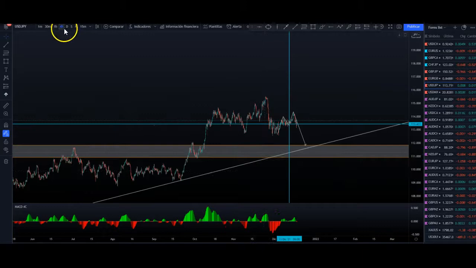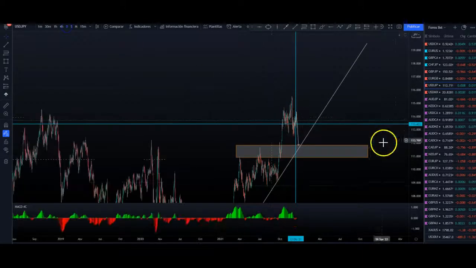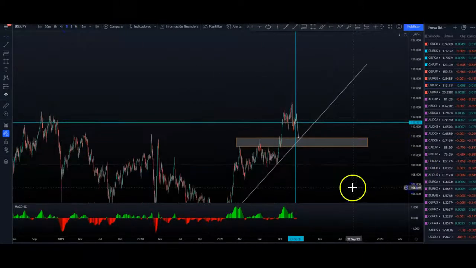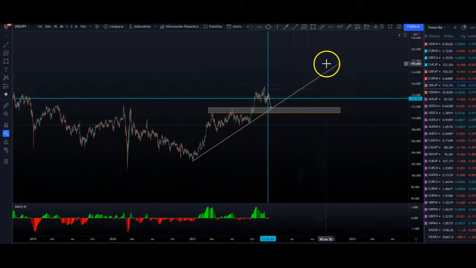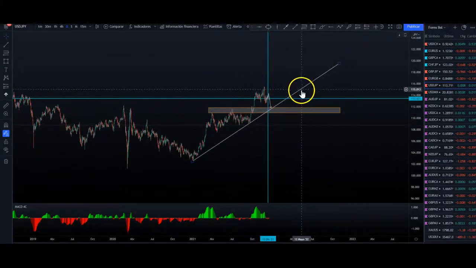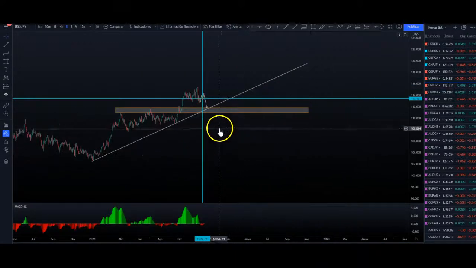Okay, on the USD JPY, I did keep the markings on this from last week. Daily trend line. I am waiting for the market to come and visit this support. It'll visit the trend line, and it will be a very good possible trade to buy if the market decides to rebound higher.